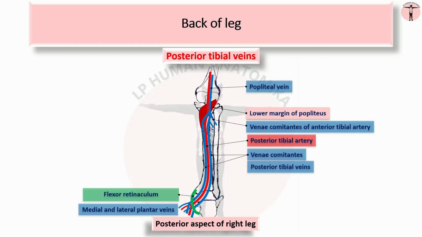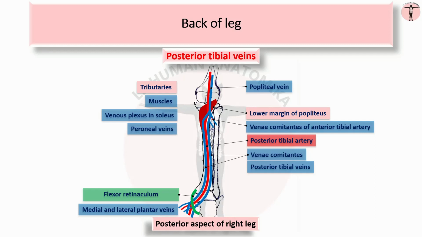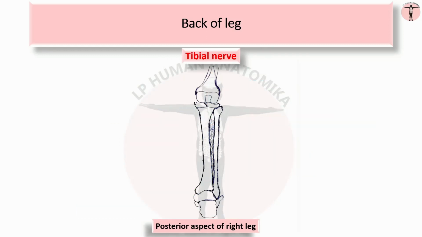It receives the tributaries from the muscles, venous plexus in the soleus, peroneal veins, and perforating veins which connect the greater saphenous vein, having unidirectional valves. The blood flows always from superficial to deep veins.